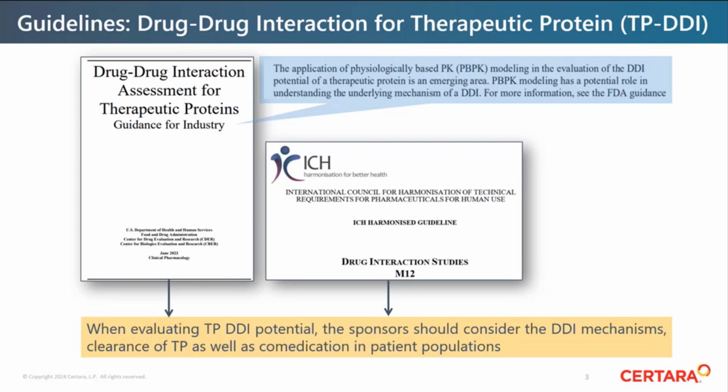Both FDA and ICH recommend that when evaluating the TP-DDI potential, the sponsor should consider the DDI mechanism, disease condition, clearance of therapeutic protein, as well as co-medication in patient populations. The FDA also highlights the utility of PBPK model in providing mechanistic understanding of the DDI potential for therapeutic protein.